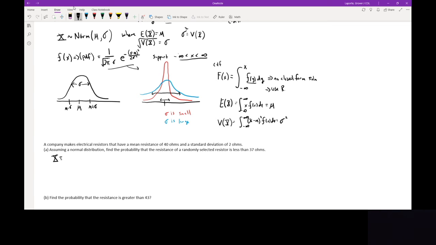How is this one defined? Well, it would be the resistance of an electrical resistor produced by the company.